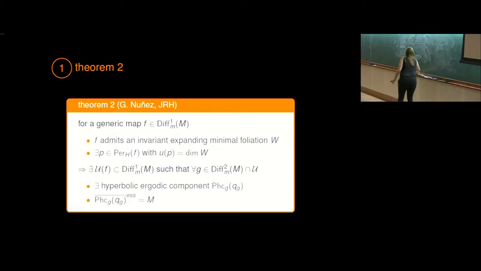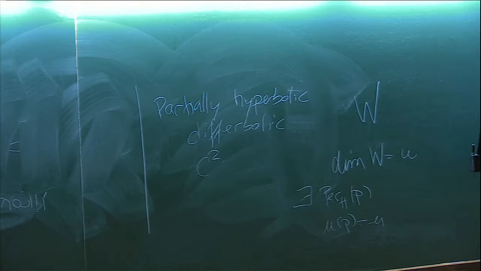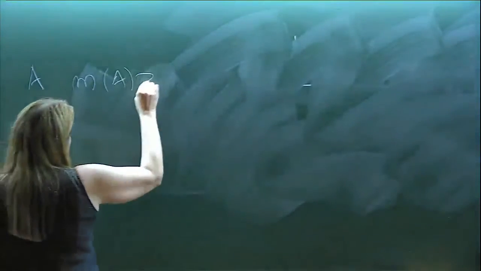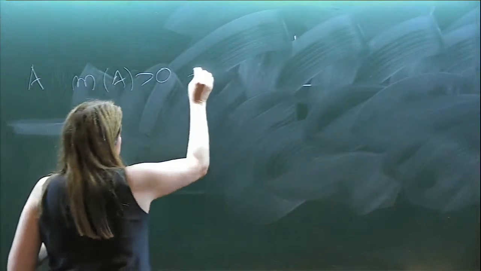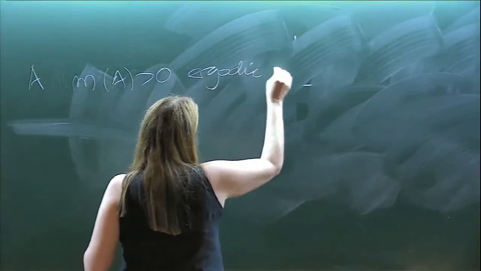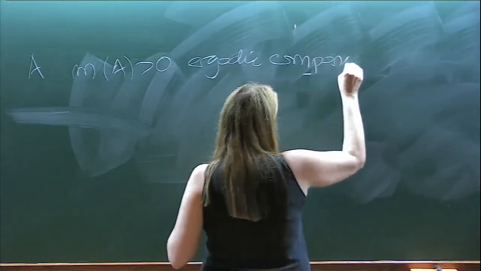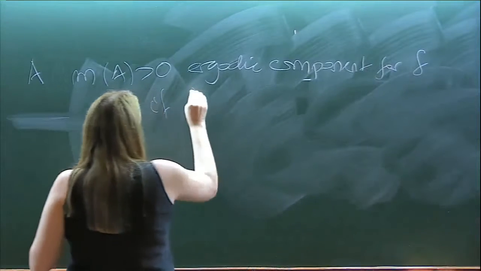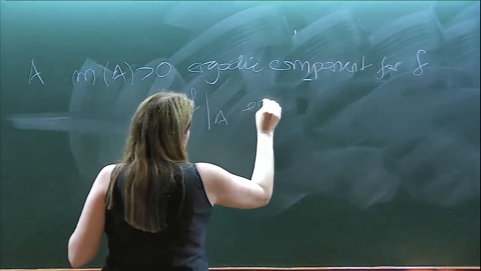So what is an ergodic component in this setting? There are many definitions of ergodic component, but I will use one: a set A, measurable set, of positive measure. I will say that this set is an ergodic component for F if F restricted to A is ergodic.